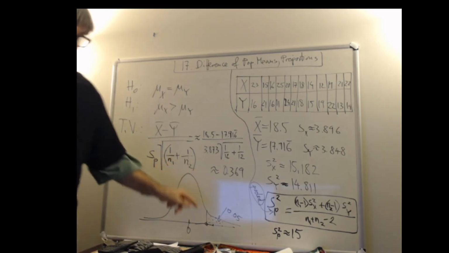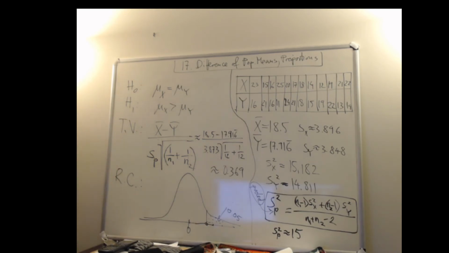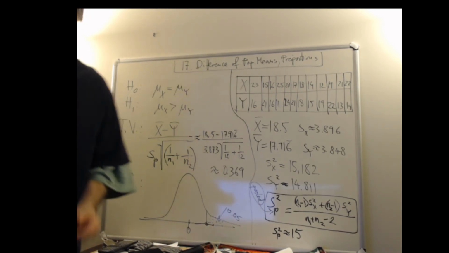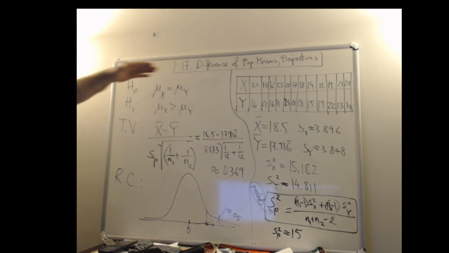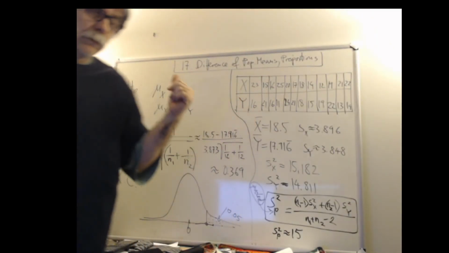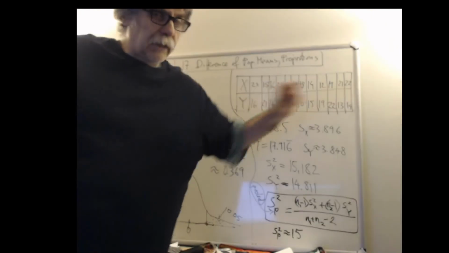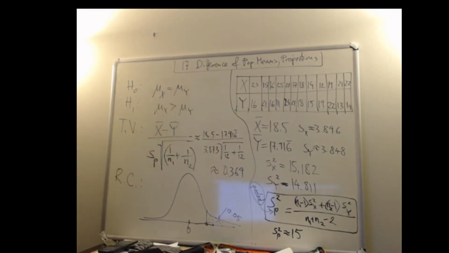But this time, I have a pooled degrees of freedom. Pooled degrees of freedom is 22. In other words, degrees of freedom here, 11. Degrees of freedom here, 11, put together. Sum, total. 11 plus 11 is 22. So I'm looking for 22 degrees of freedom.